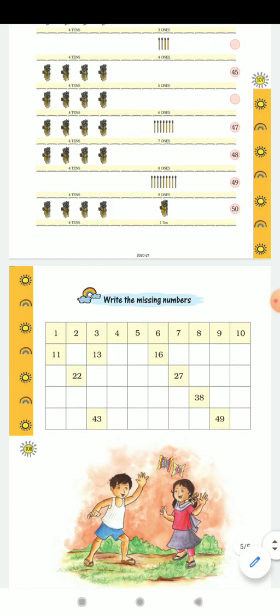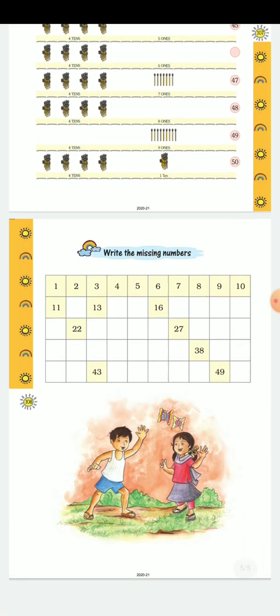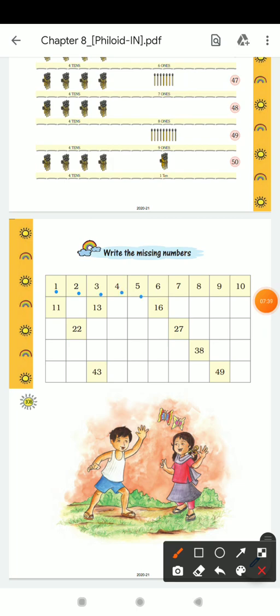Now the next page is the last page. Here you have to write the missing number. Children, you can see here it is a counting. So in the first line, 1, 2, 3, 4, 5, 6, 7, 8, 9, 10 is written.